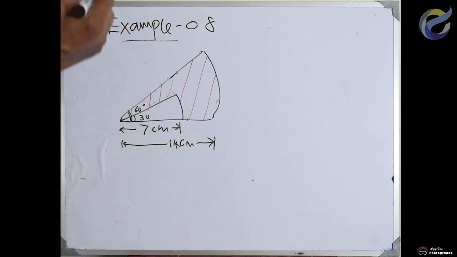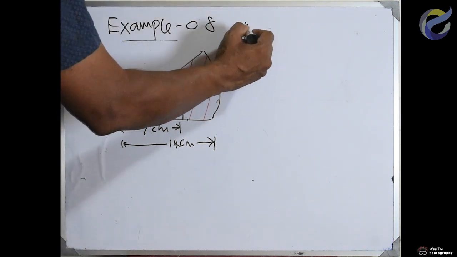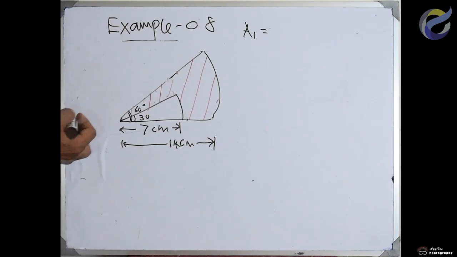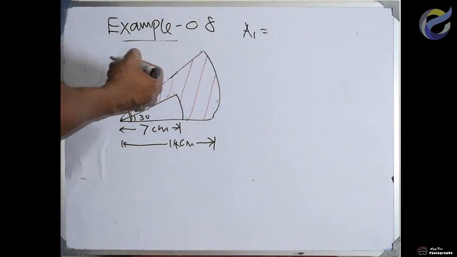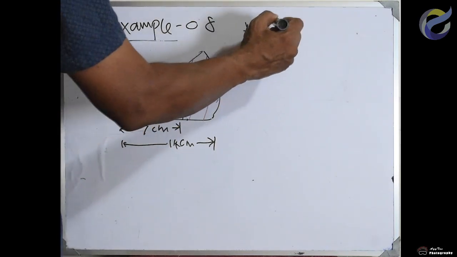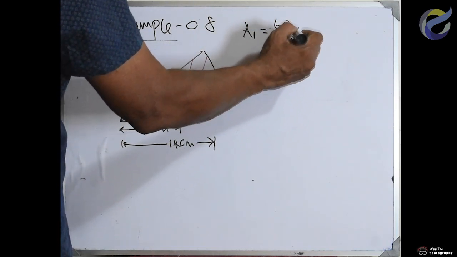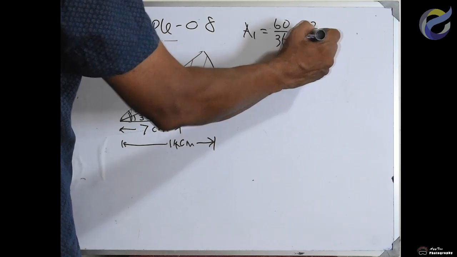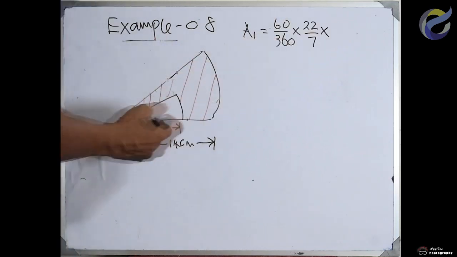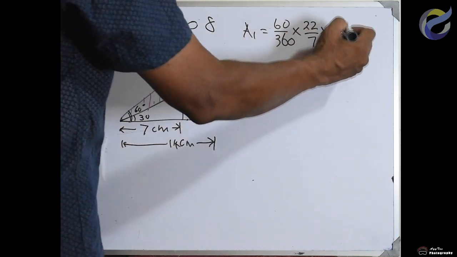So step 1, area of the larger sector, that is I can find theta upon 360. Here theta means 60 degrees over 360 into pi 22 upon 7 into the radius is 14.